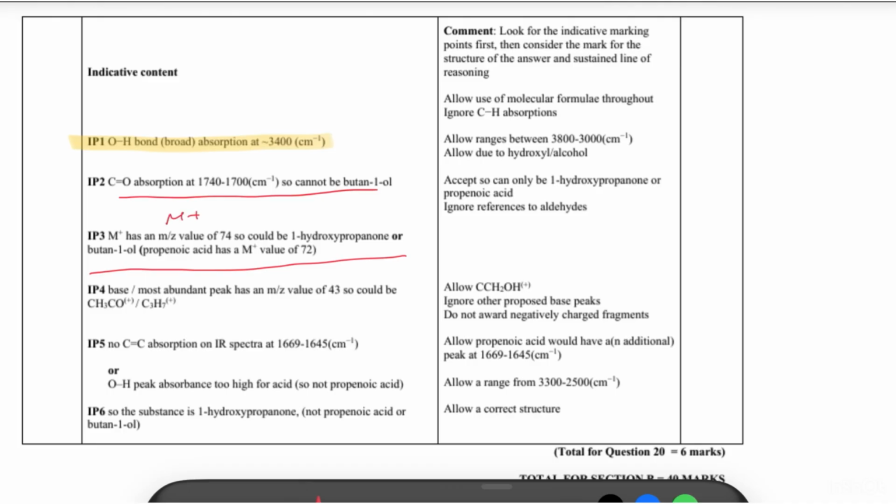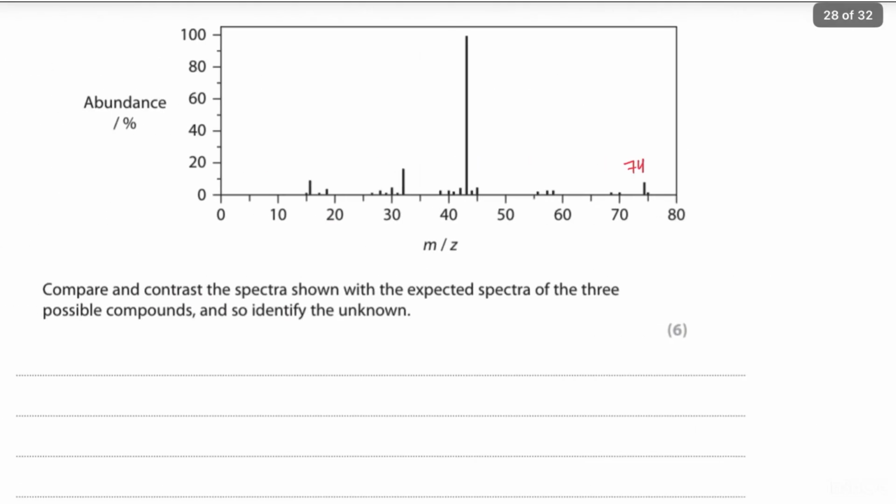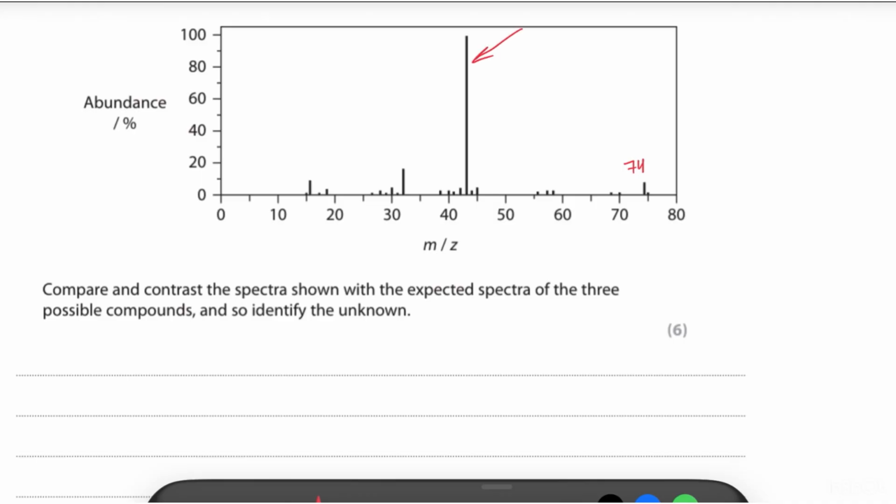And you have to mention that the most abundant peak is at 43, so it could be this and this one. What does this mean? If we go to the mass spectrum in here, we can notice the tallest peak. The tallest peak is called the base peak, and it's the most abundant since it's the most stable one.